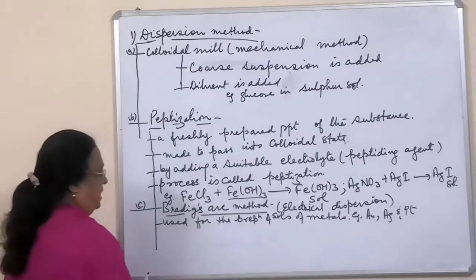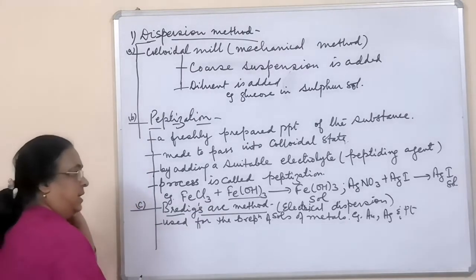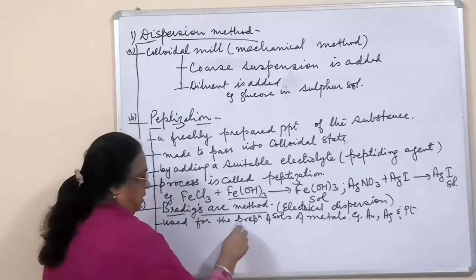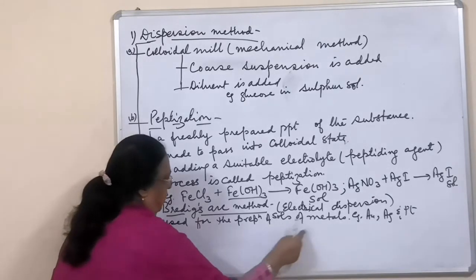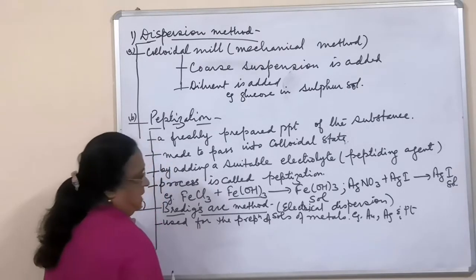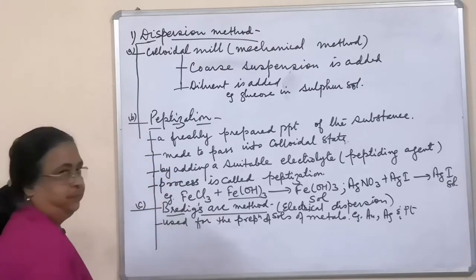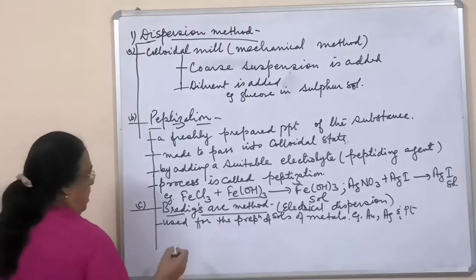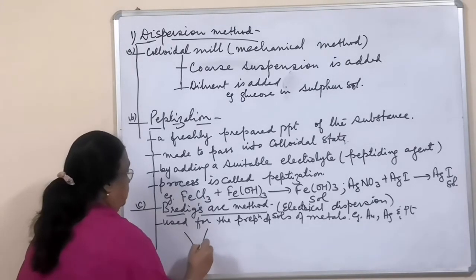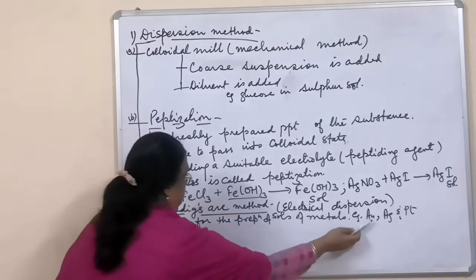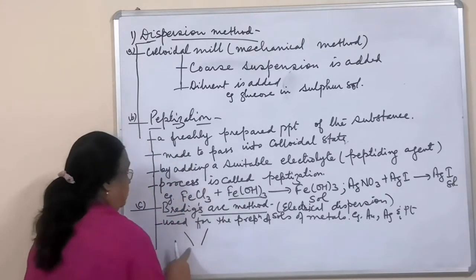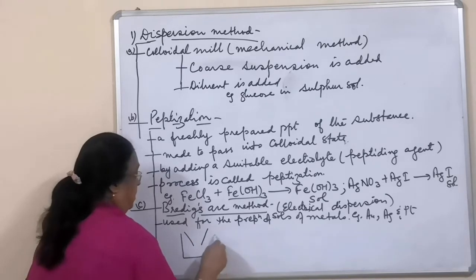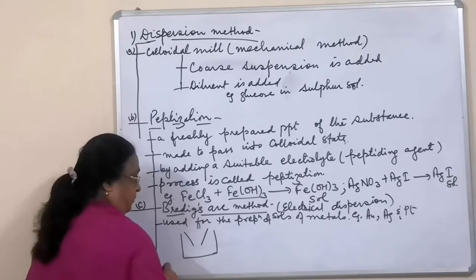Third method is Bredig's arc method, that is the electrical method. In this, colloids of metals like gold, silver, platinum, the noble metals, are prepared. Two electrodes are used. If you have to prepare a sol of gold, you will use electrodes of gold and take a suitable dispersion medium.